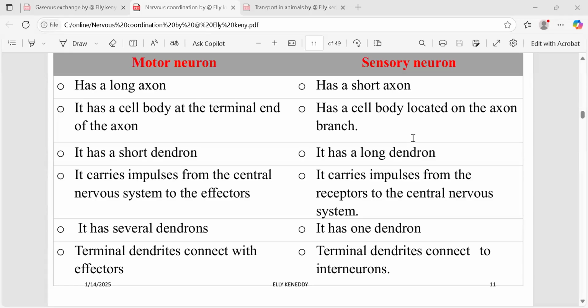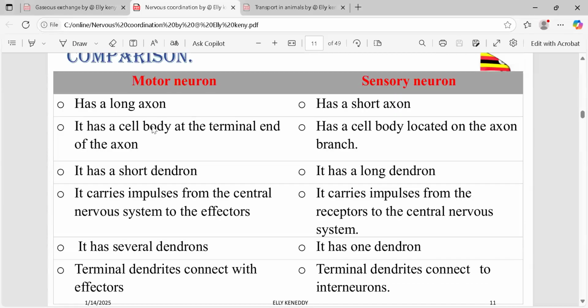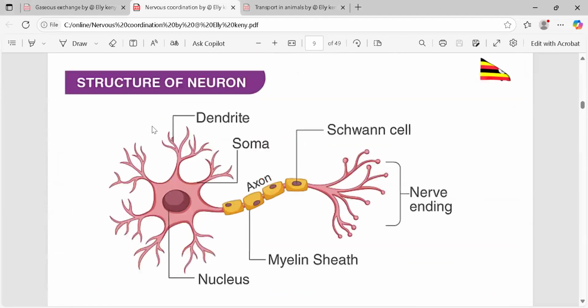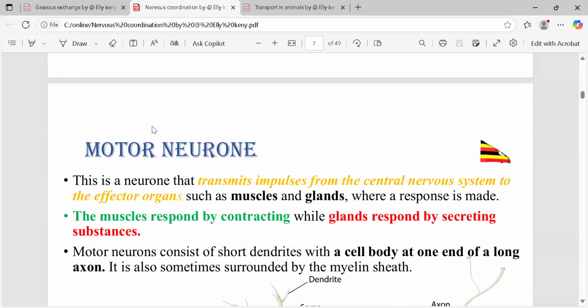Sir, when you were explaining about the sensory neurons and the motor neurons, you said that one transmits the impulses from the receptors to the central nervous system, and then the motor neurons transmit impulses from the central nervous system to the effector organs. Now, there's something that's still confusing me.